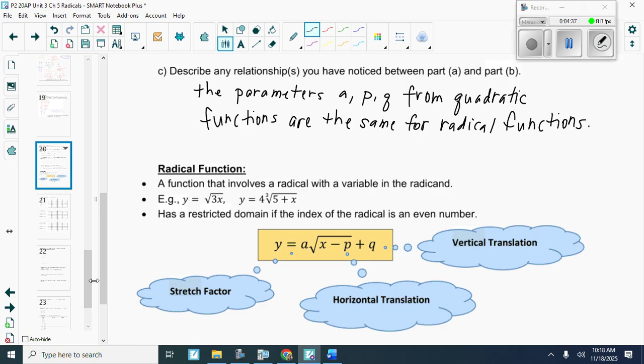So it's just reminding you what those are. That's our review of transformations: our stretch factor, our horizontal, and our vertical.